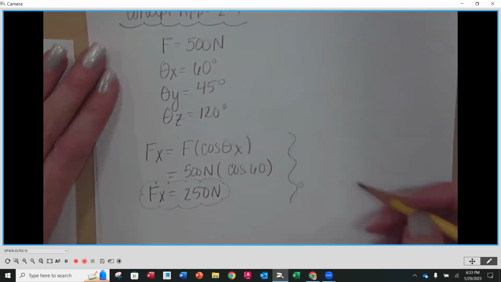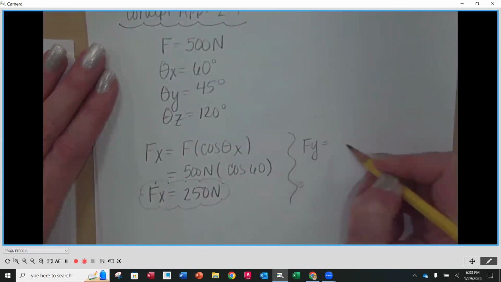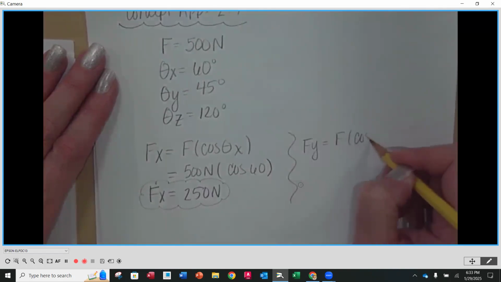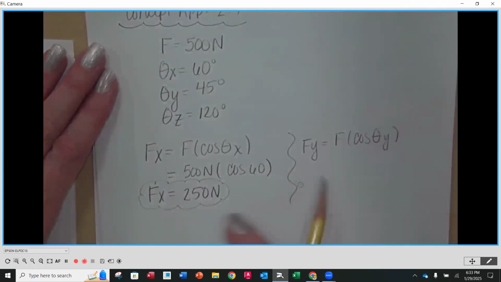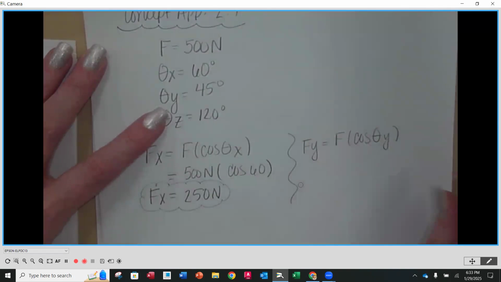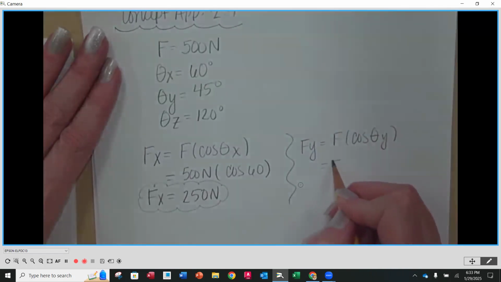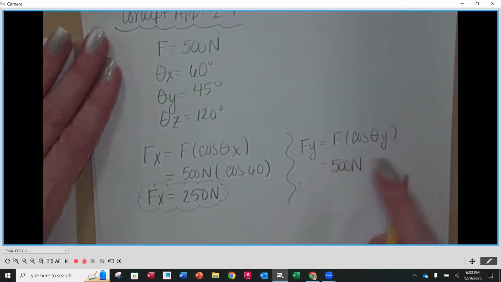So Fy is going to be equal to F times the cosine of theta y. Theta y was 45 degrees, so that means it's 500 newtons, same force, times cosine of 45.